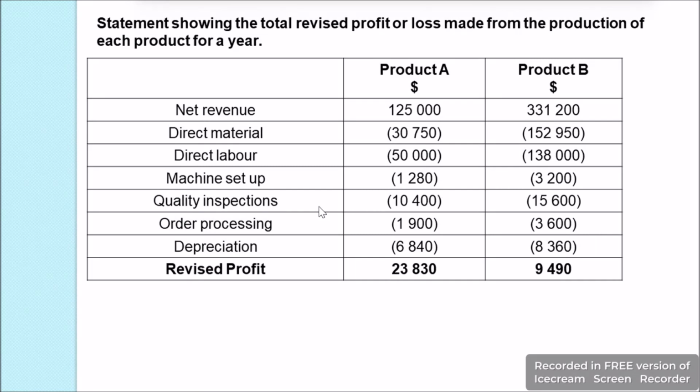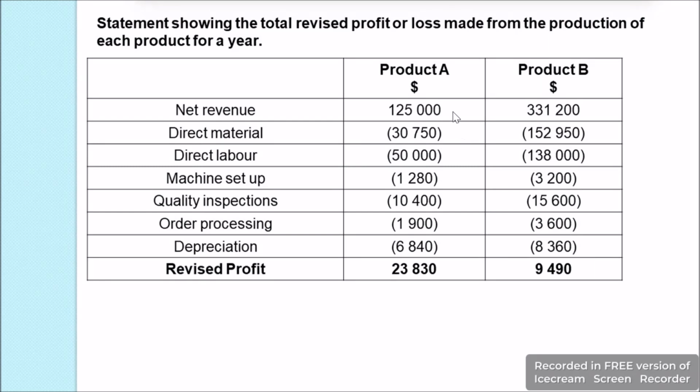The quality inspection cost has changed because we have added the cost of surveillance camera, and we have already calculated this in our working notes. For product A it is $10,400 as revised cost, and for product B it is $15,600. Then we have the order processing cost of $1,900 and $3,600, and we have the depreciation cost of $6,840 and $8,360.